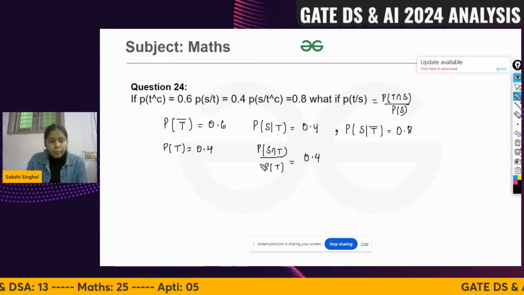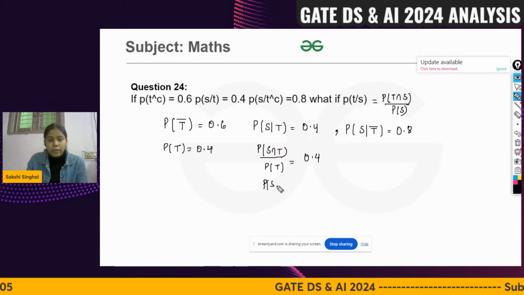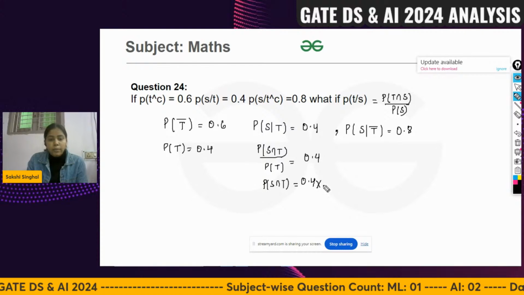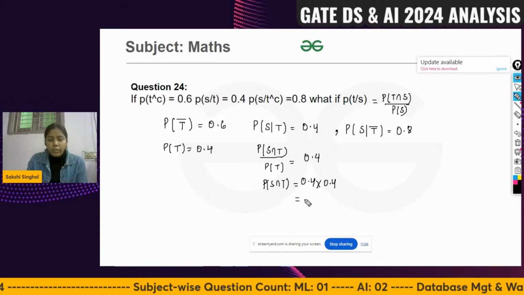So using probability of T, you can find probability of S intersection T. That would become 0.4 into 0.4, that is 0.16.